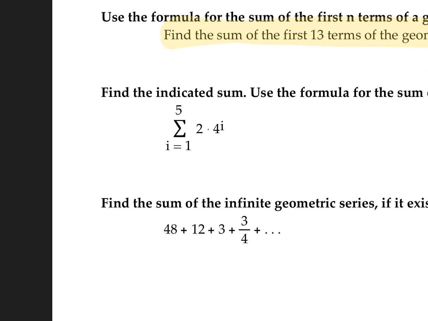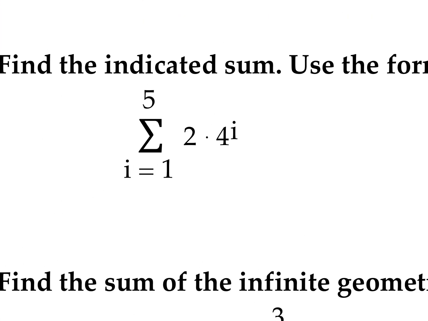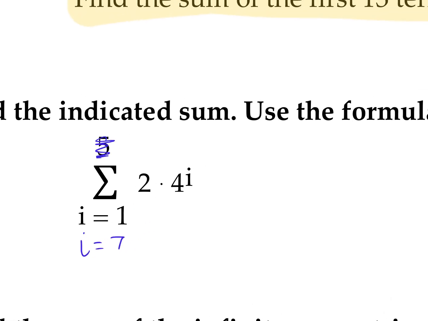If you have a question like this, all right, I'm going to change this one a little bit. I'm going to start with i is 7. And our last term here is, I don't want this to get too crazy. So 29.